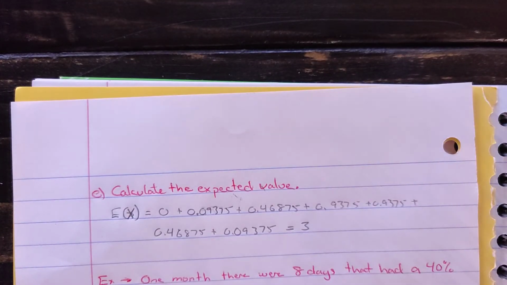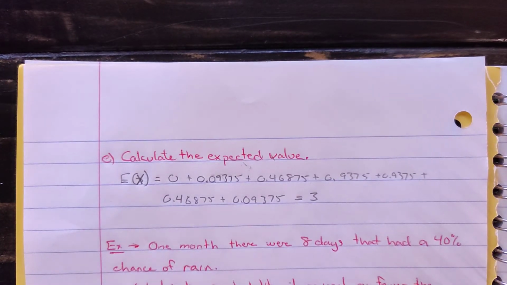All that should tally up to 3. And so on average, if you have a family of 6 kids, you should expect to have 3 of them being girls.